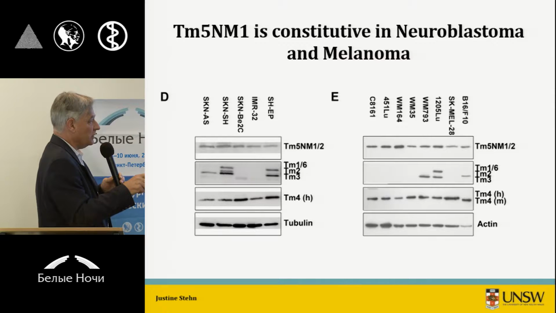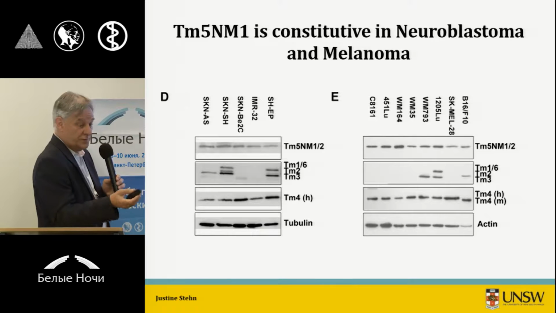And this Western blot is just to show you that the tropomyosin TM5NM1-2 is constitutive across both neuroblastoma and melanoma, whereas these high molecular weight tropomyosins are highly variable from tumour line to tumour line.